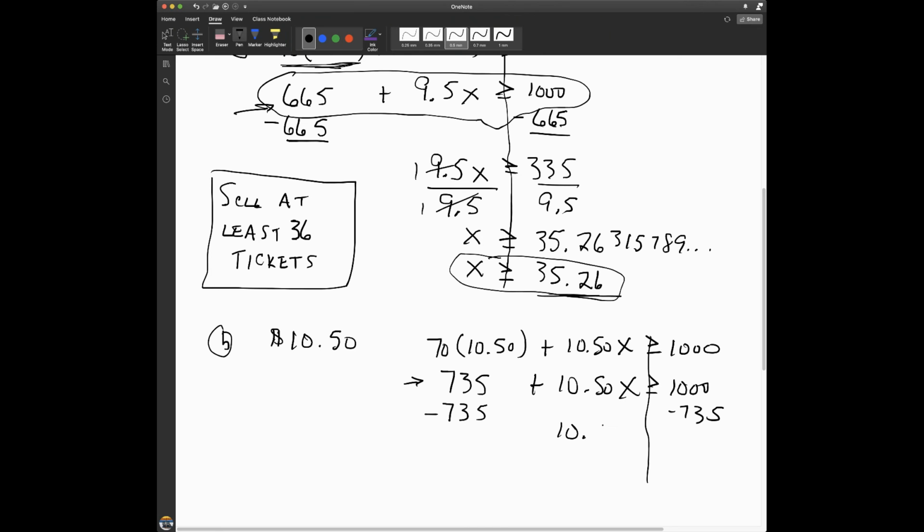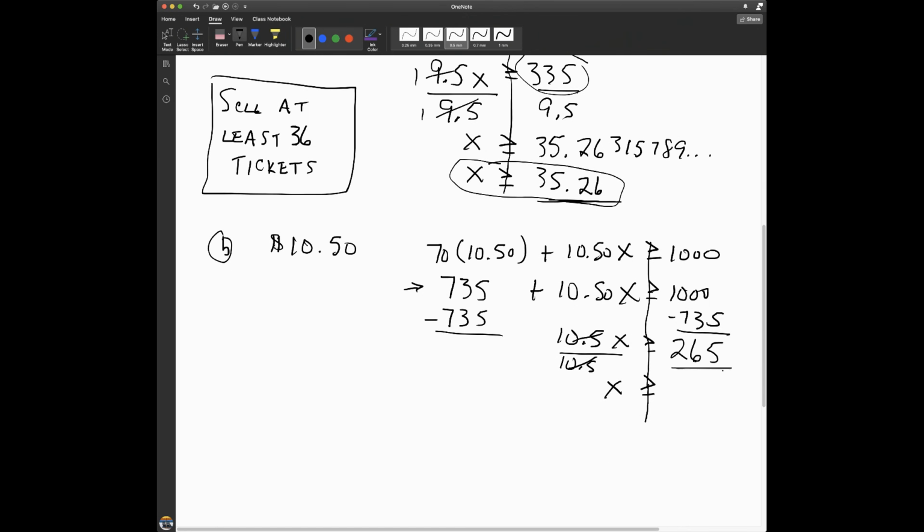10.5 times x is greater than or equal to 1,000 minus 735, which is just 265. Before, when we subtracted the 665, we still had 335. So we actually have less money that we need to earn to get to our $1,000. So let's divide by 10.5. That gives us x over here.